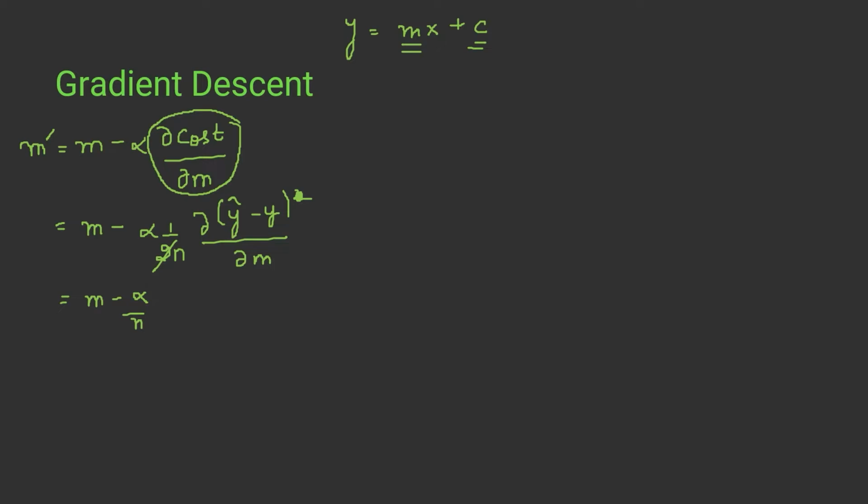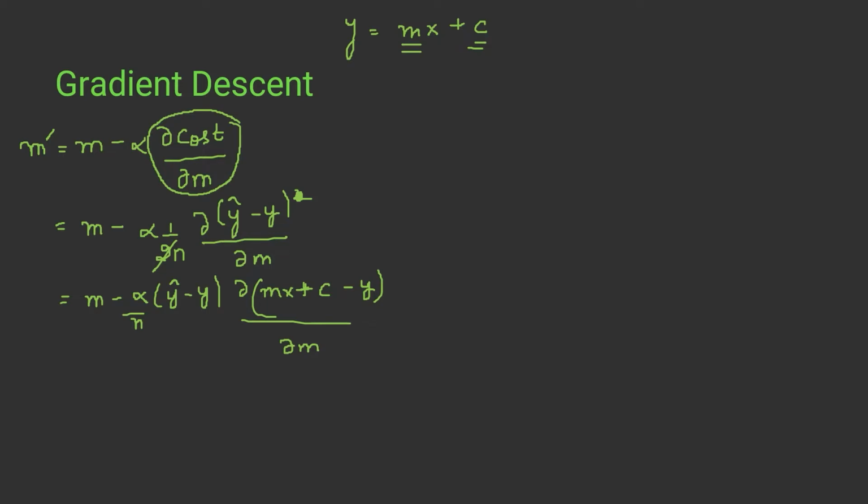Now on differentiating, the 2 will come out, it will be y predicted minus y, and again differentiating this y predicted minus y with respect to m. Now y predicted equals mx plus c minus y, right, by del m.